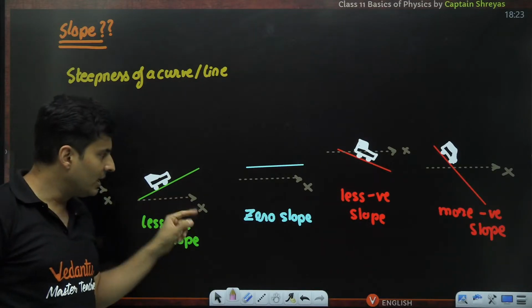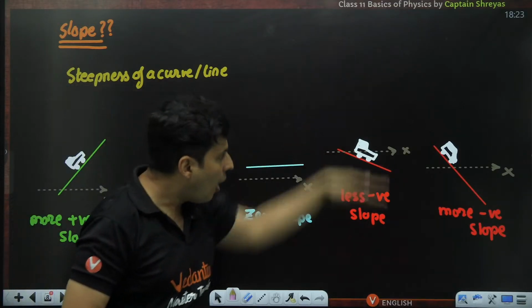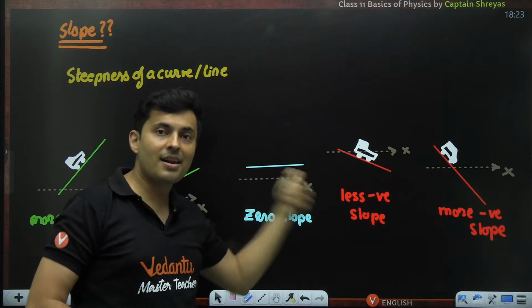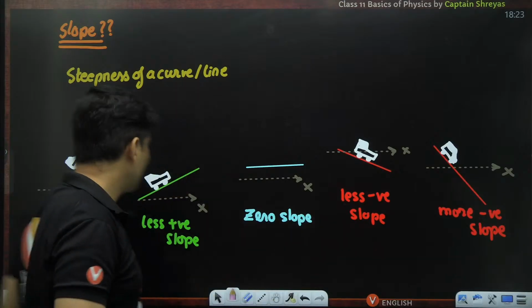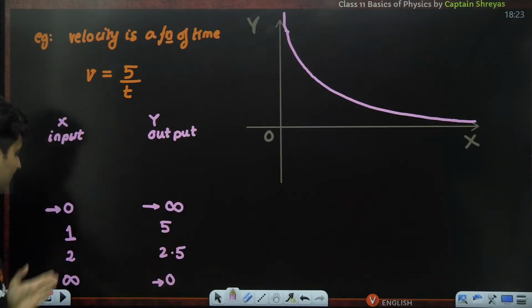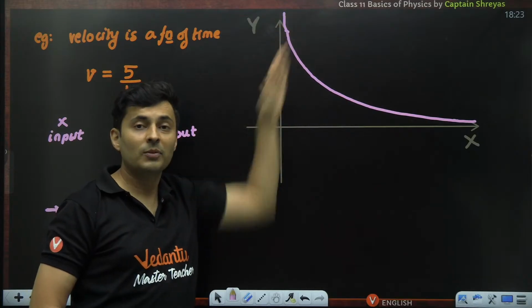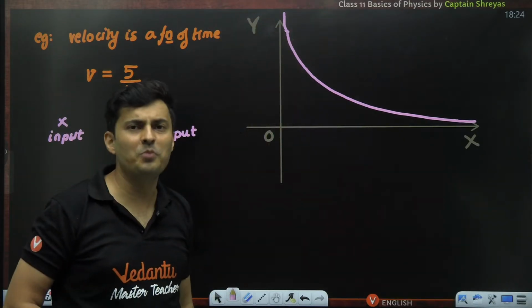If I travel 1 meter, I don't go anything, then my slope is 0. So how much am I changing in the y-axis if I travel in the x-axis? What is x-axis? I just told you some time back. X-axis is input. What is y-axis? It is basically your output. So how much will the output change if I change the input?